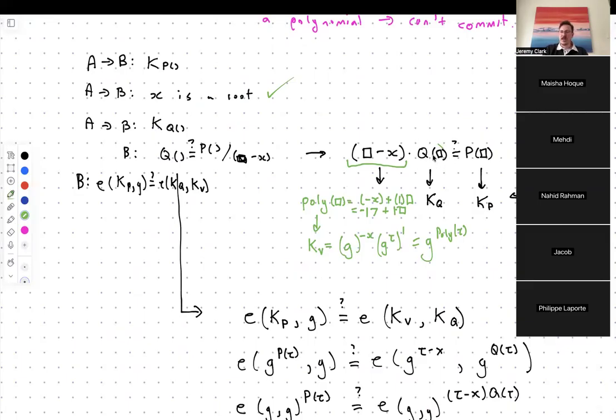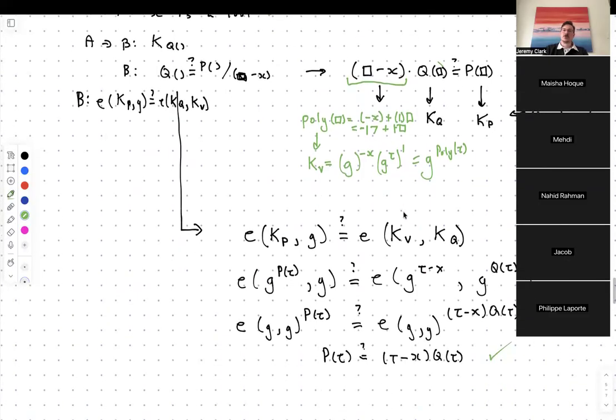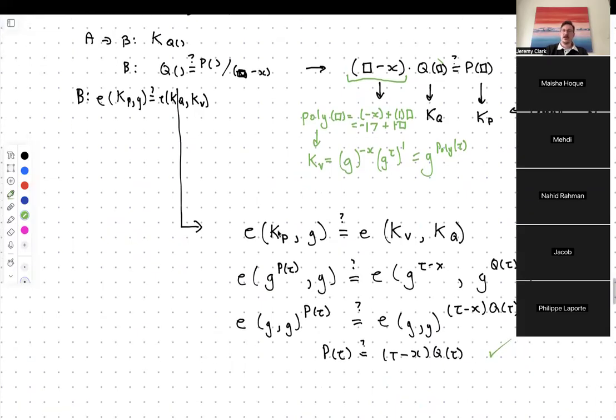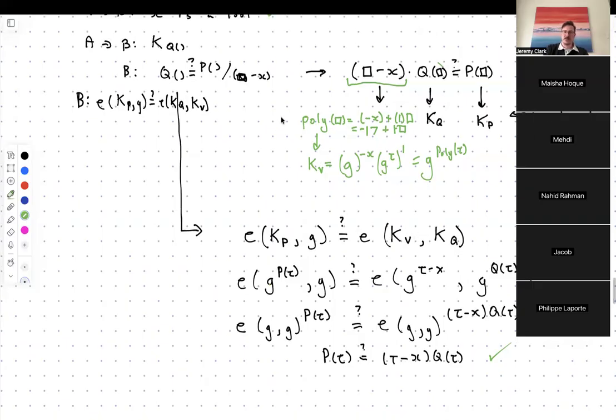In order to check it, I want to check that this multiplied by this is the same as this. So how do I do it? Well, I can check a multiplication homomorphically using this pairing operation. I'm going to check whether the commitment to P is the same as the commitment to V and the commitment to Q. V here is what I named this.